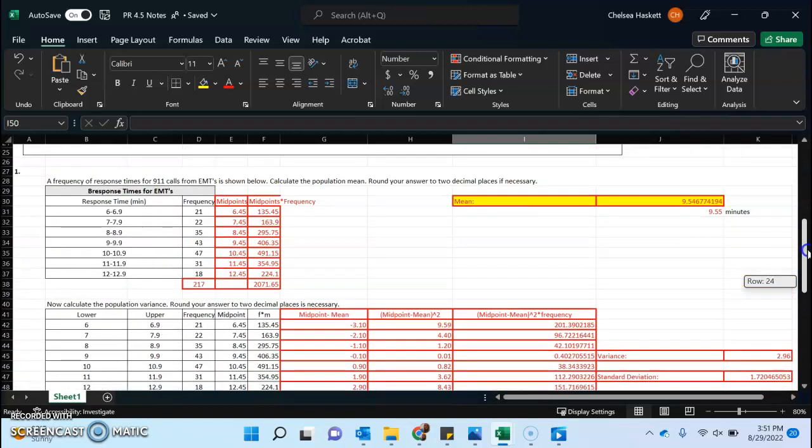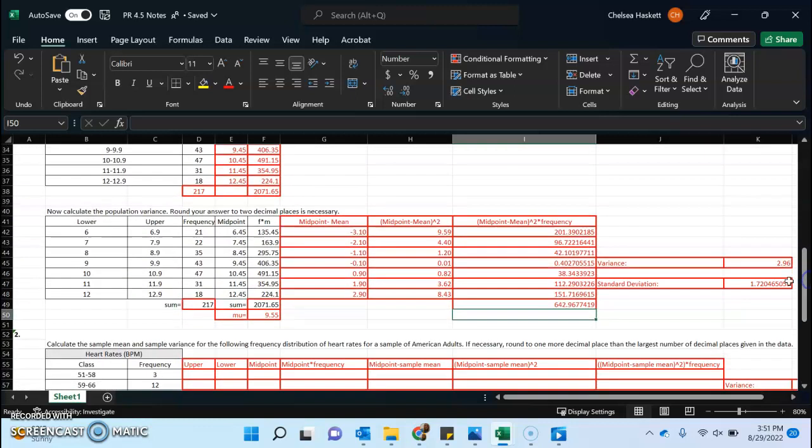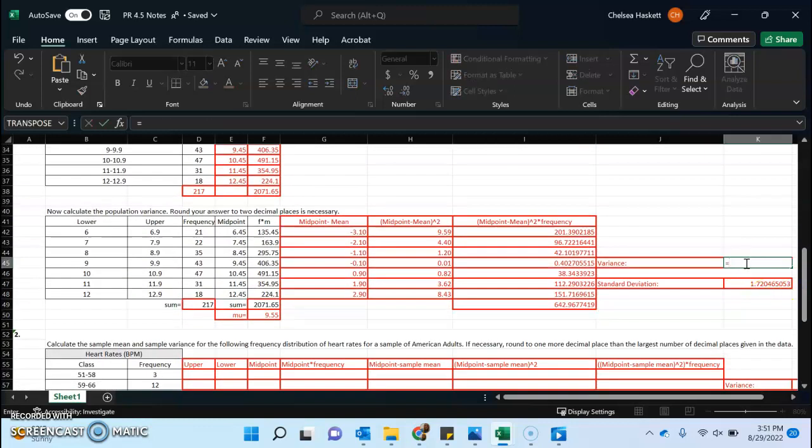And then this is a population, right? So we're looking at population, so we're just using N again. So the variance is going to be this divided by N, which was your 217. And your standard deviation is really just the square root of that previous number.